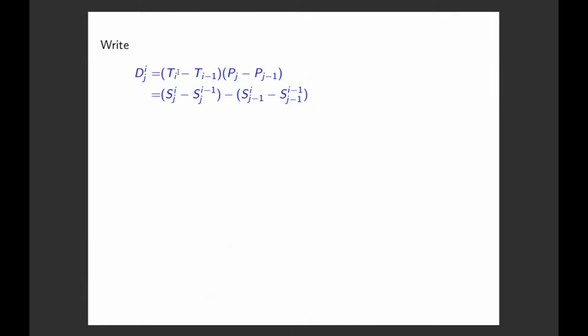So we can write this difference of these operators as Sij minus Si minus 1j, and we subtract the Sij minus 1 minus Si minus 1j minus 1. And so here we have a difference of differences. We have the finite element approximation where we add two different truncation dimensions, and the same here, but we use a coarser mesh in this side here.